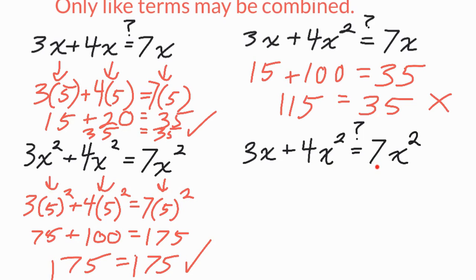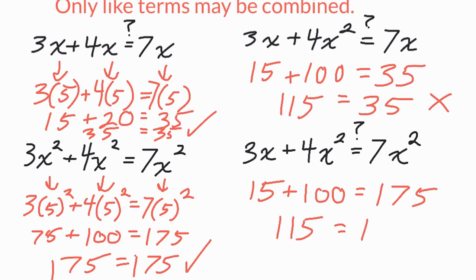And 7 times 5 squared would be 175. So let's see. We would get 15 plus 100 equals 175. So we get 115 equals 175. Again, it does not work, right?